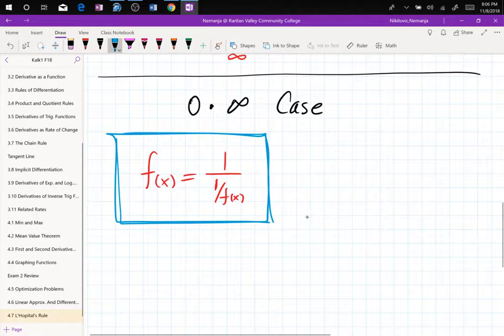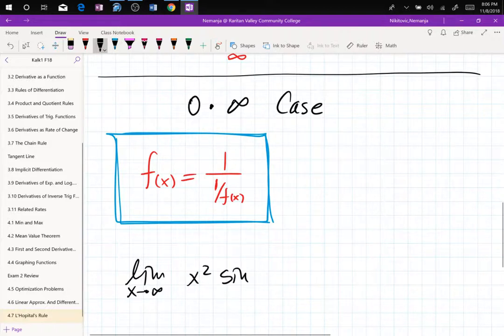So we have f of x equals 1 over 1 over f of x. Let's pick immediately an example. Oh, this is wonderful. Limit x goes to infinity of x squared times sine of 1 over 4x squared. It's beautiful.